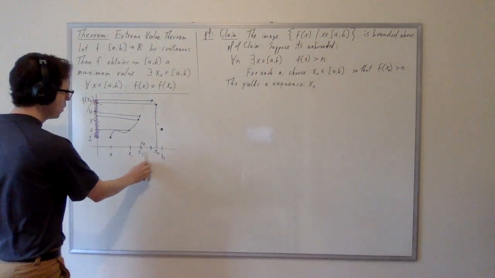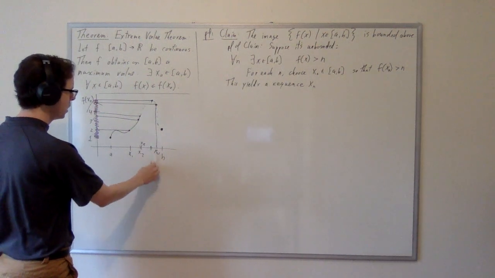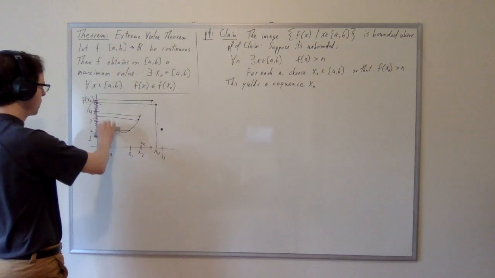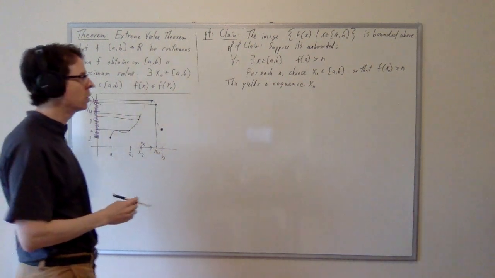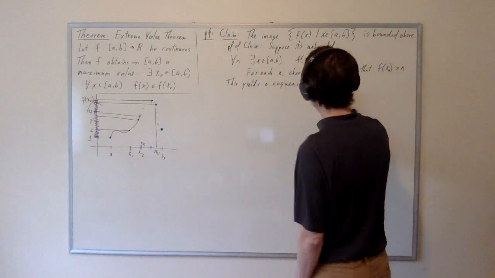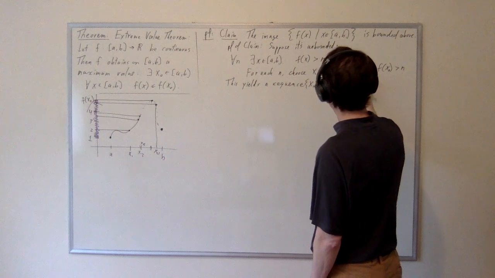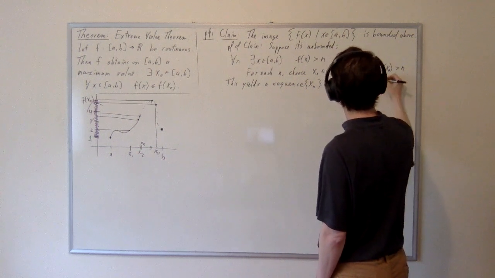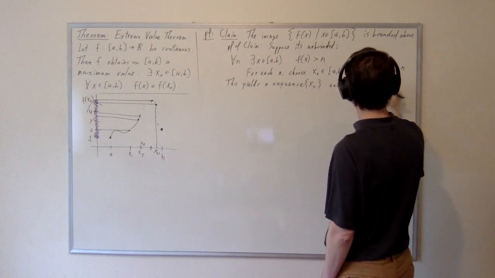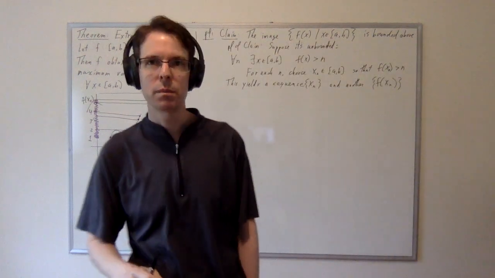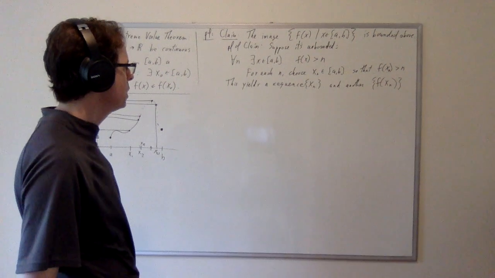It yields the sequence of values x1, x2, x3, x4, but it also yields the sequence of f of x values, f of x1, f of x2, f of x3, f of x4. So this yields a sequence xn and another, which is the sequence of y values associated with them, f of xn.